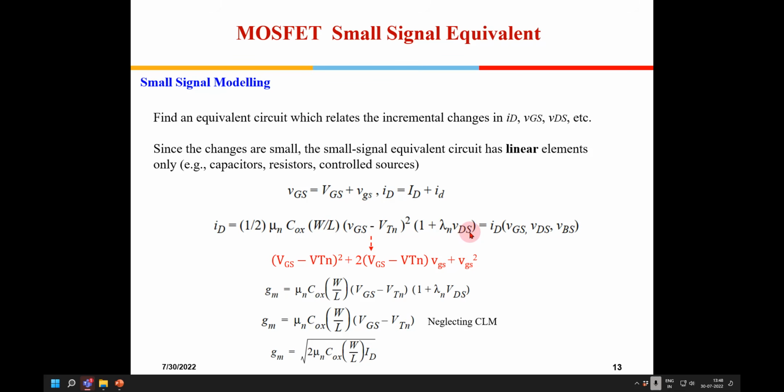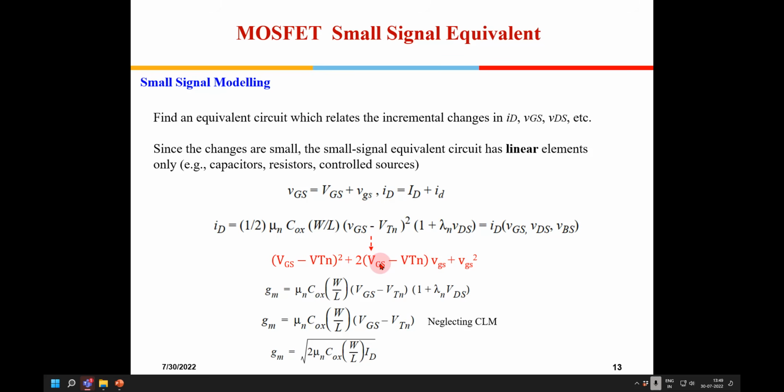Okay, this is the equation which we studied in the last class. Now this VGS, I can write as VGS plus small vgs, and this is squared. So I can write it as (VGS minus VTN) the whole squared plus 2(VGS minus VTN) vgs plus vgs squared.